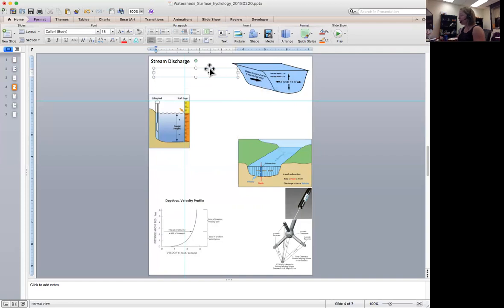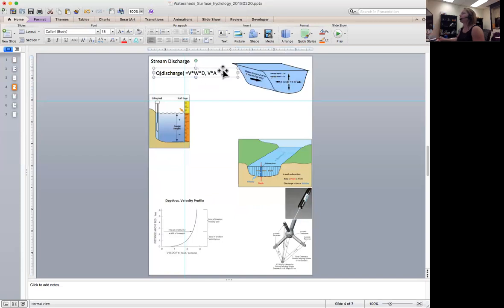So we can have, again, a discharge, Q, which is equal to velocity times a width times a depth, right? Or you could say velocity times your cross-sectional area, as we take a look over here.